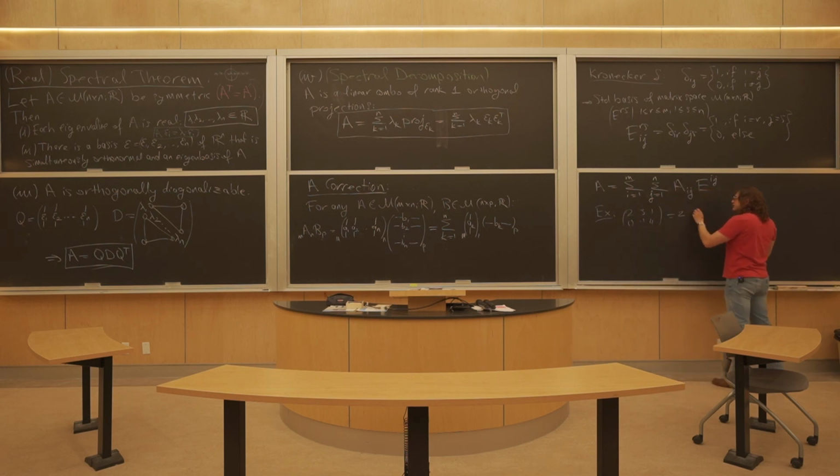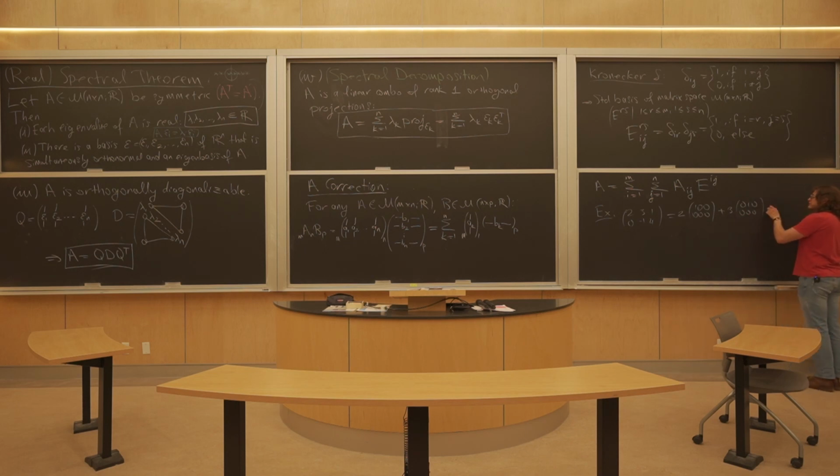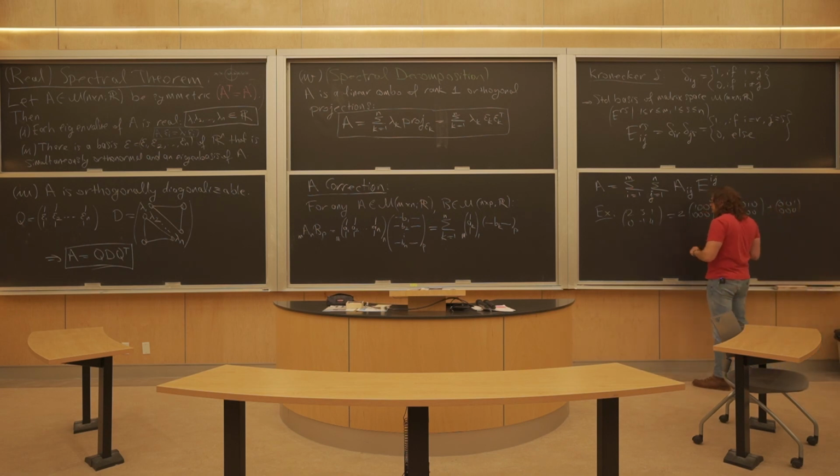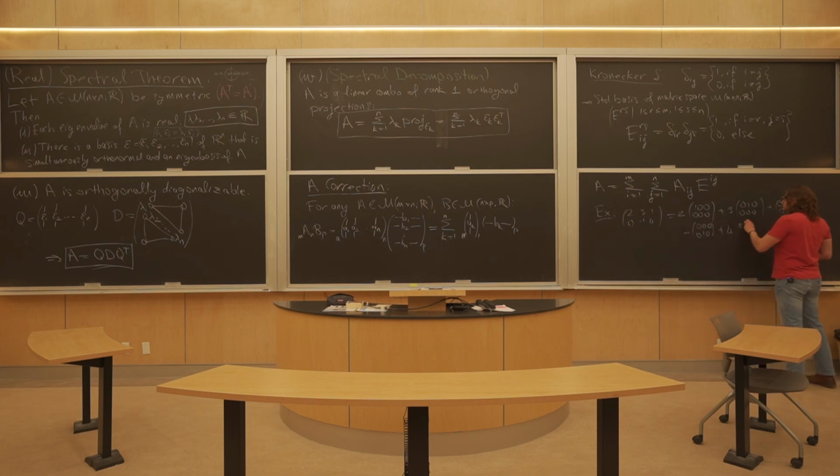Well, this is nothing but 2 times this, and then 3 times this, and then 1 times the third guy, and then 0 times the fourth guy, I don't need to write it, plus minus 1 times 0, 0, 0, 0, 1, 0, and then plus 4 times 0, 0, 0, 0, 0, 1. Now this is E11, and so on. That's the idea.